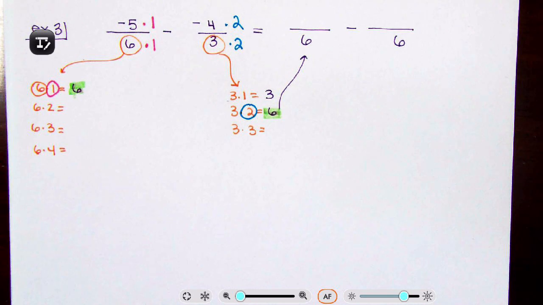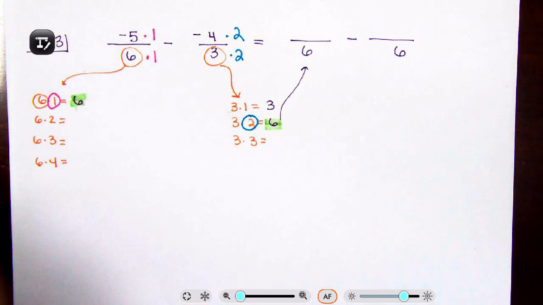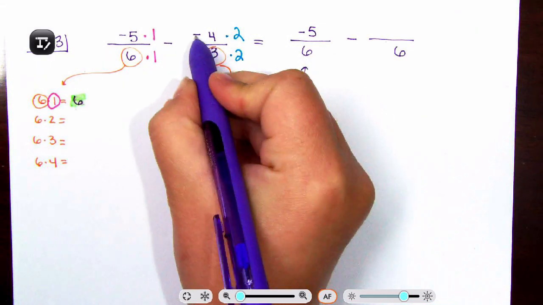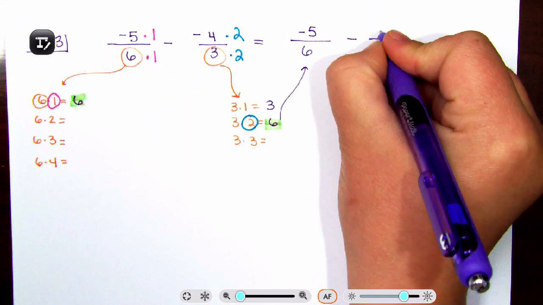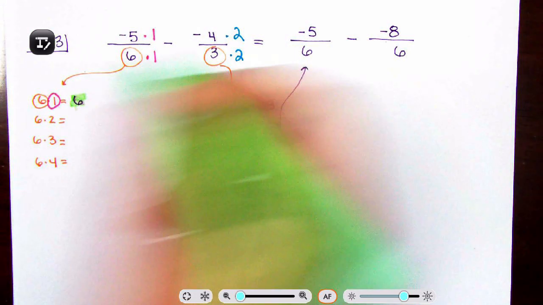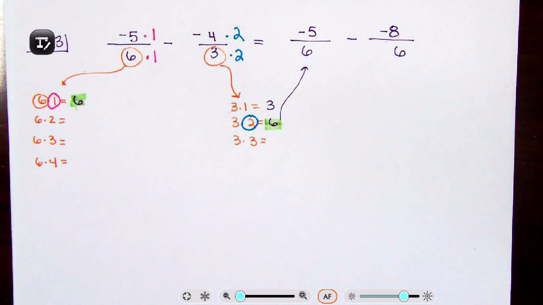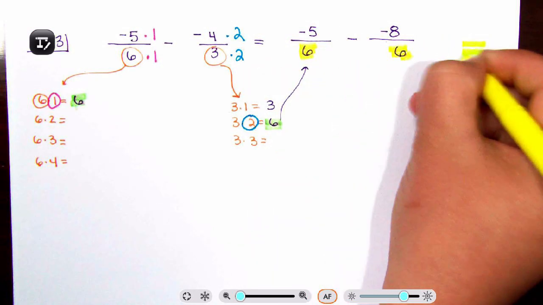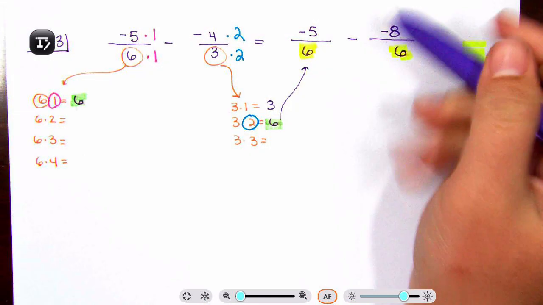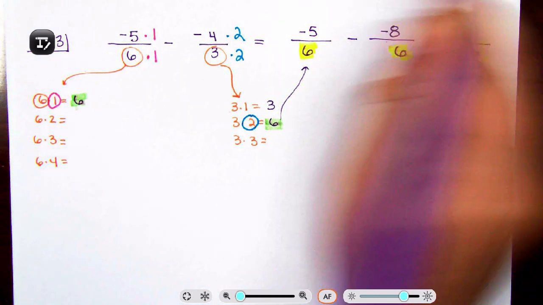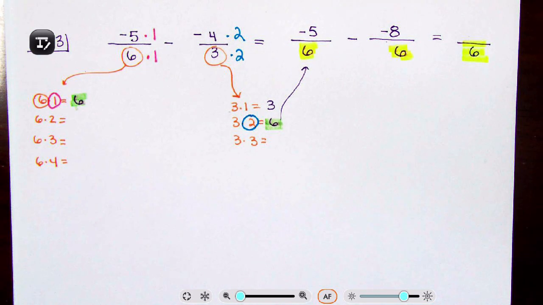So negative 5 times 1 is still negative 5. Negative 4 times 2 is negative 8. So we are going to copy, copy, paste like we did before. Copy, copy, paste. So we have 6 is our denominator. In the numerator, we're going to take everything that we have.